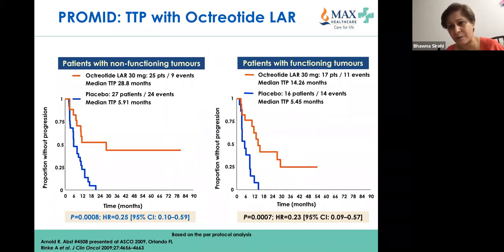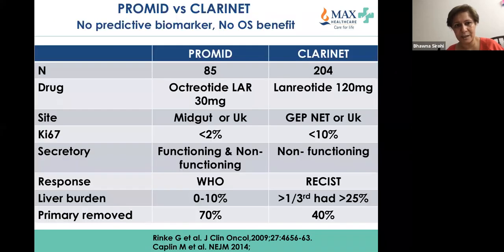So you can observe these patients. Median time to tumor progression of 6 months is excellent, and this is median. The range can be 2 years, 3 years as well. Significantly better, obviously, with the active treatment of octreotide. Time to tumor progression was 29 months in non-functioning, so it works in both functioning and non-functioning.